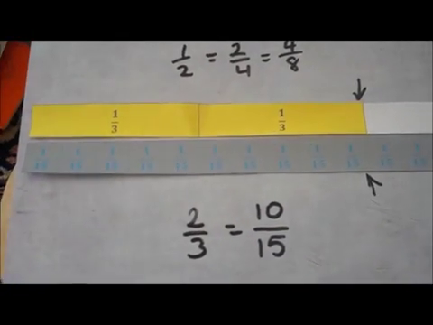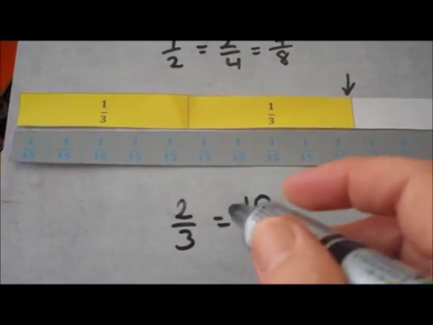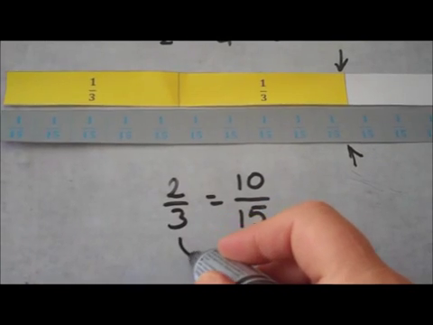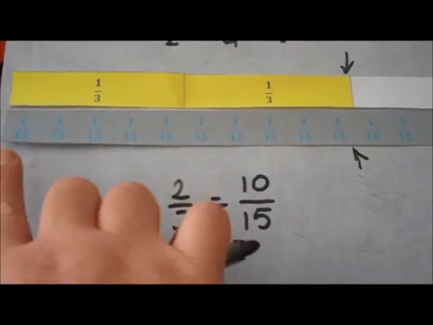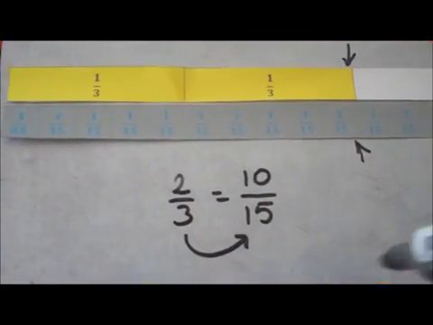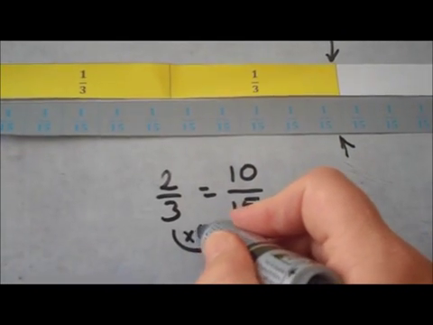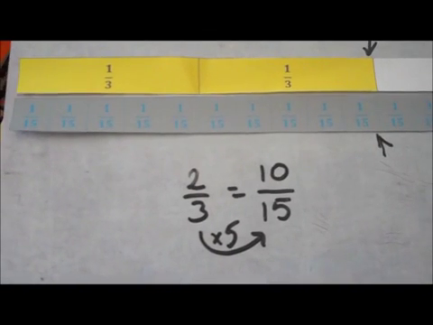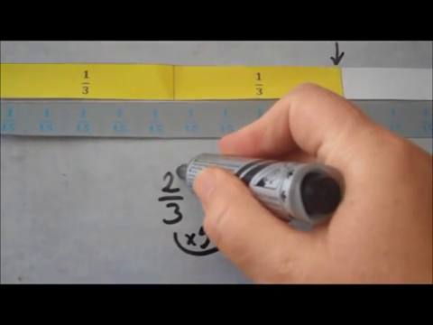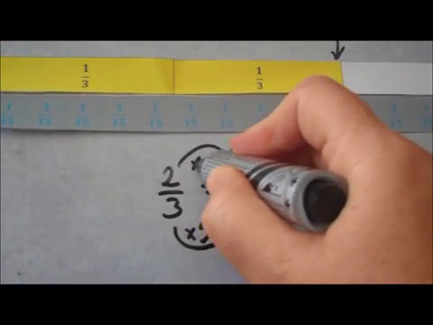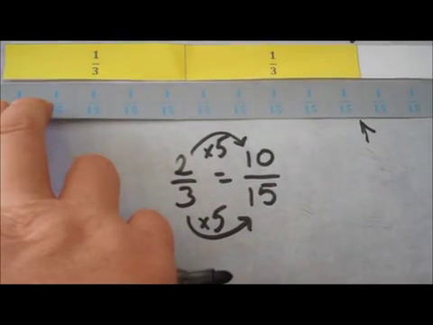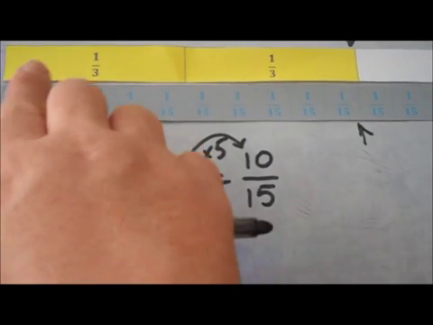Let's have a look at how that actually worked. My thirds, each one of those has got a factor of 5, so there's 5 of those 15ths in each one of those thirds. So I've made 5 times as many pieces. And I've also got that factor of 5 on the top, because these are all a fifth as big as that one.